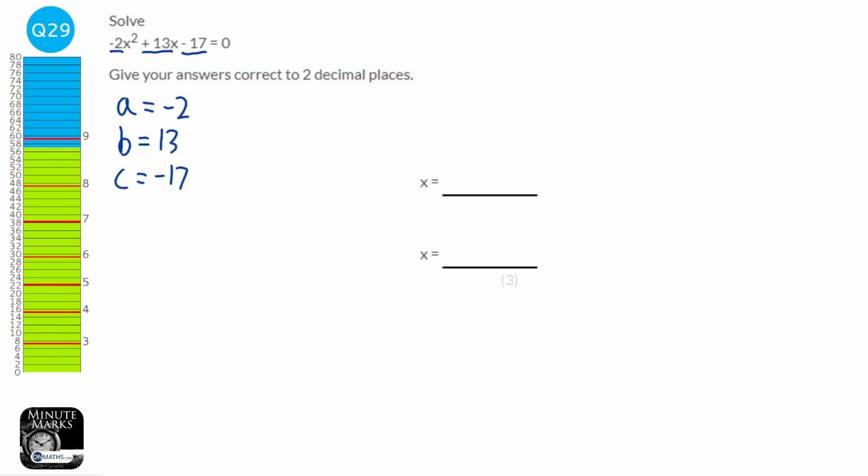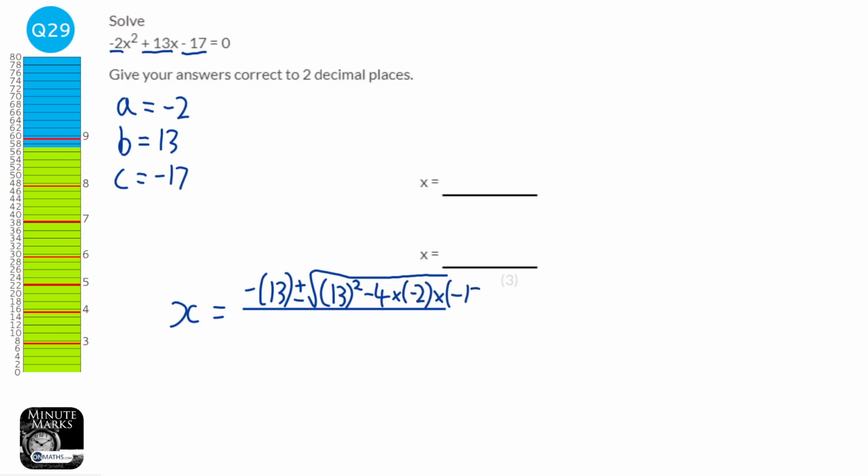We're going to write out the quadratic formula, so it's x equals minus b. Now I always put these into brackets, so I'm going to first of all just do the fraction first, so we've got nice formatting on it. So we're going to have minus brackets b plus minus the square root of brackets b squared minus 4 times a in brackets times c in brackets.